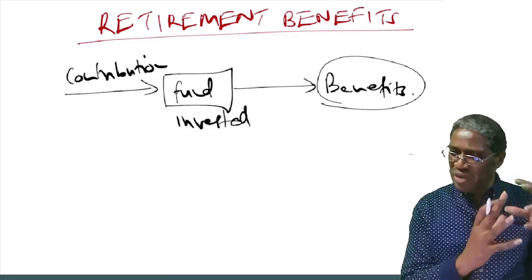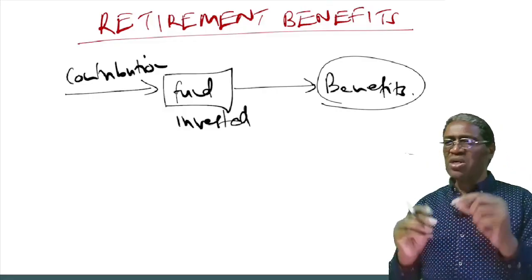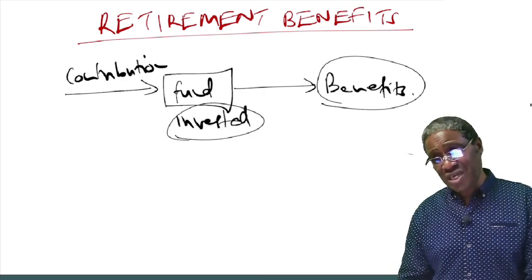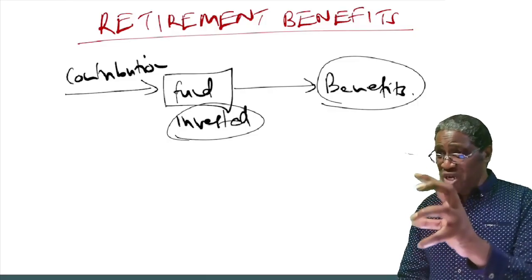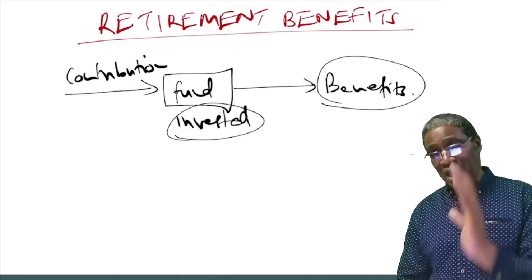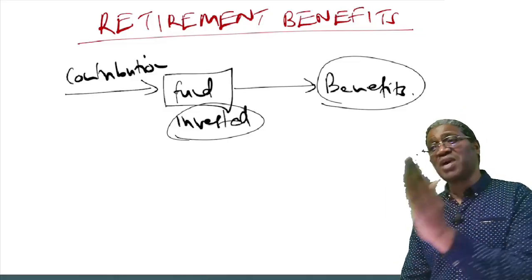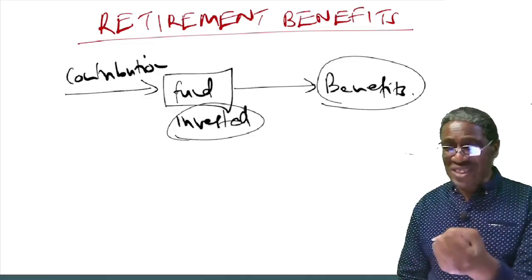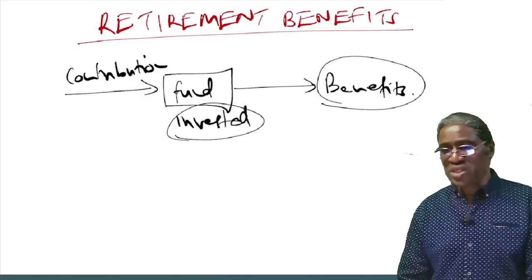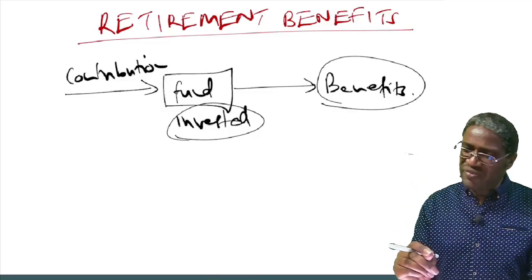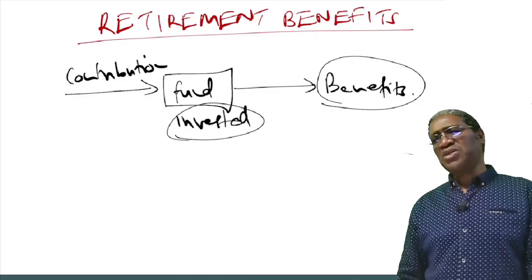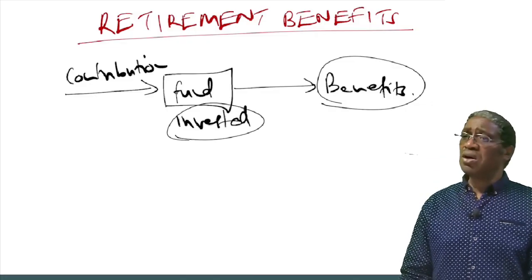Contributions are made to a funding agent, and those contributions are invested by whoever is the funding agent, which could be an insurance company or a trustee like NSSF. Once the contributions are invested, it is that funding agent who normally pays the benefits at the time of retirement.